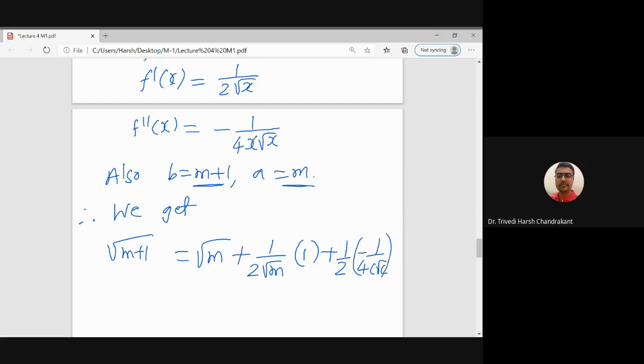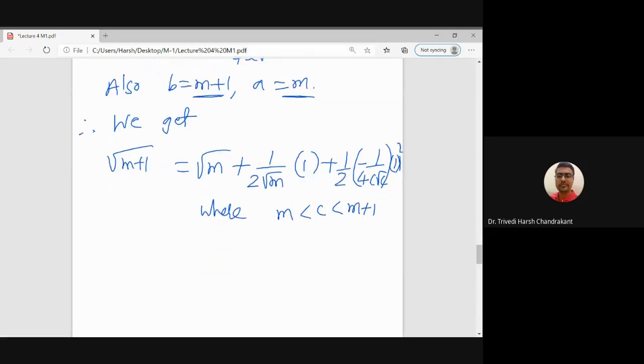We only know that c is between a and b, so a is m, b is m plus 1. And the difference b minus a is 1, so it is 1 squared. So this is what we get for the interval m to m plus 1.